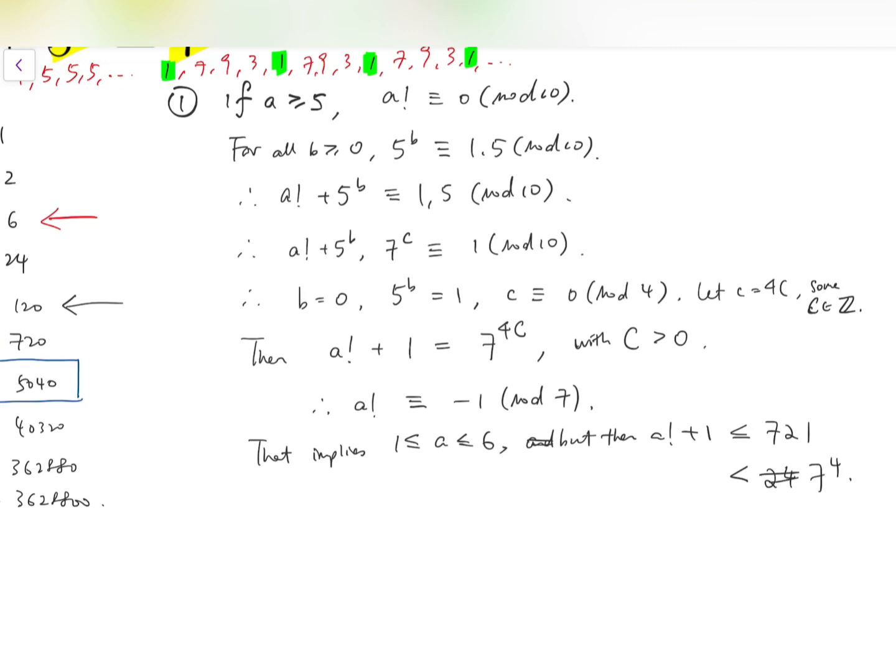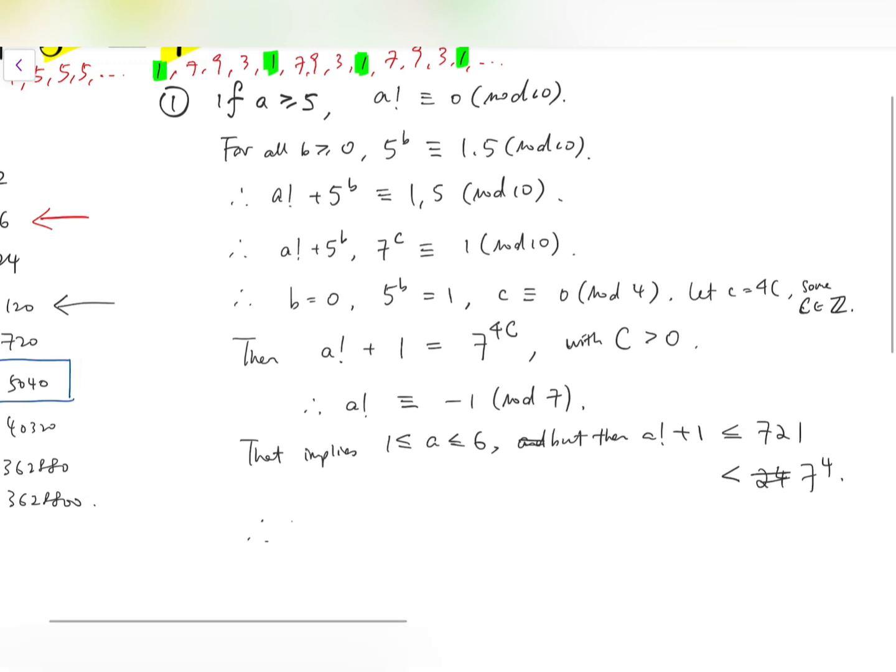So surely there is no solution in this case. So now I've already eliminated all possibilities from a equals 5 onwards. And what's left will be just a equals 4, 3, 2, 1, or 0.